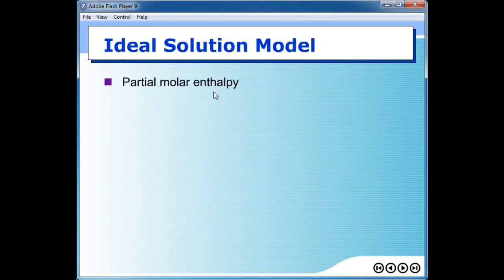Lastly is the partial molar enthalpy, and it is derived based on the definition of Gibbs free energy, G equals H minus TS. Rearranging the equation, you get H equals G plus TS. You put a bar on all terms, and you put ID just to say that we are looking at the ideal solution at the moment.